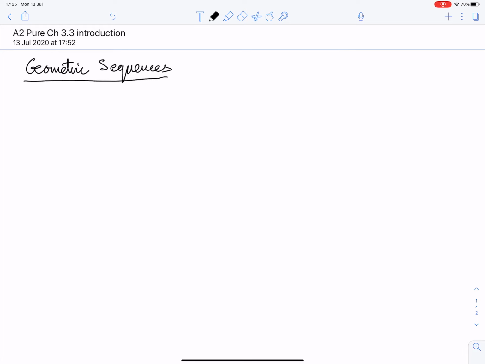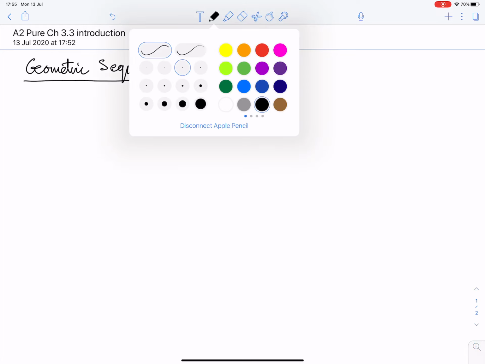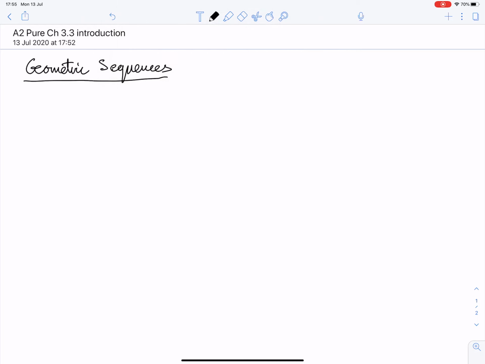Okay, so geometric sequences are sequences which have a first term and then a common ratio. So instead of having a common difference, like last time, it's multiplied by r, which is what we call the common ratio to get from one term to the next.